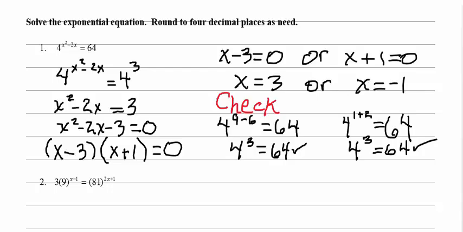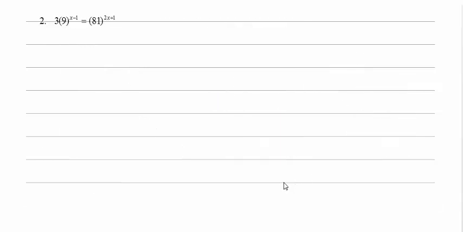All right, so let's look at a more complicated problem, which we find with number 2. 3 times 9 to the x minus 1 power equals 81 to the 2x plus 1 power. So we're going to write both sides of the equation as 3 to some power.